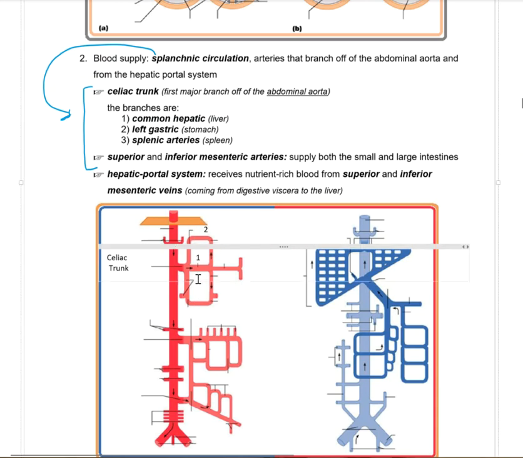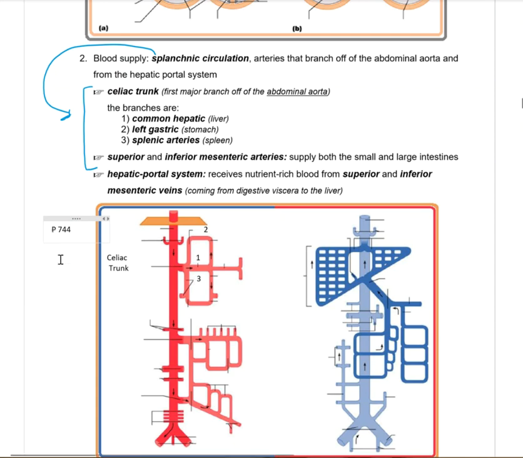And then we have number three, and number three is our splenic artery, and our splenic artery goes to the spleen. So those are all listed right there. This diagram, by the way, is on page 744. Page 744, and this is back in our cardiovascular system blood vessels section.